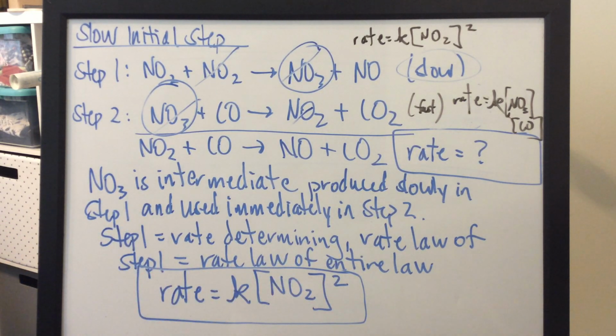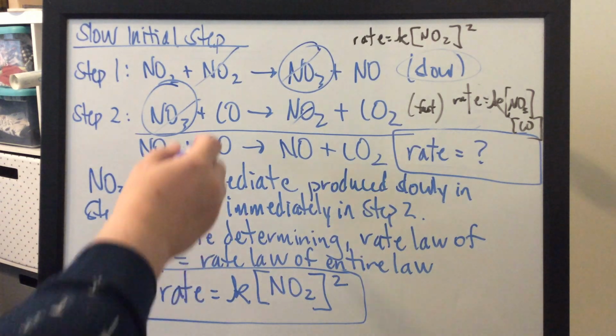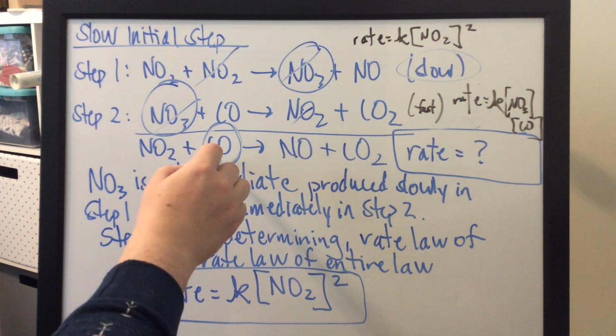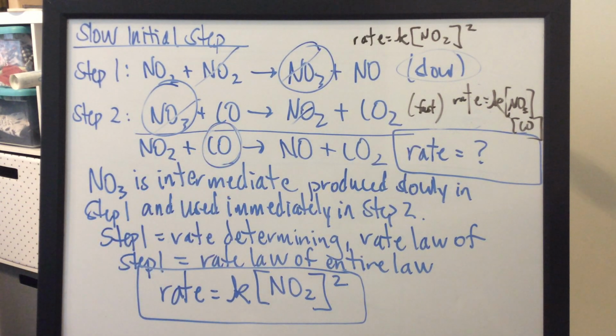Okay, notice your NO3 is not present in the rate law. No, I'm sorry. Your concentration of CO, I'm sorry, this guy. Your carbon monoxide is not present in the rate law, even though it's a reactant, and that's because it follows in a step that's faster, and then therefore does not affect the rate, so to speak, because it's not rate determining, okay?